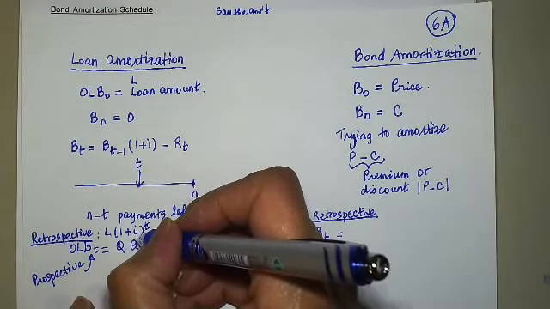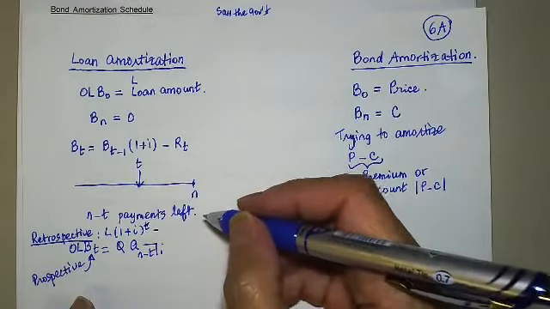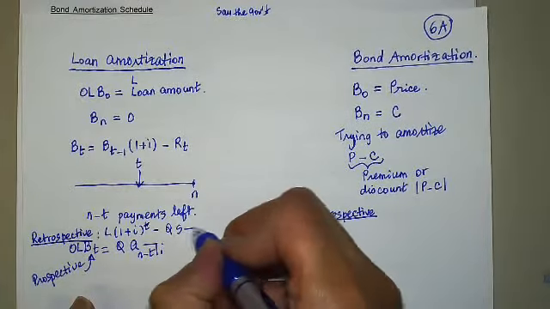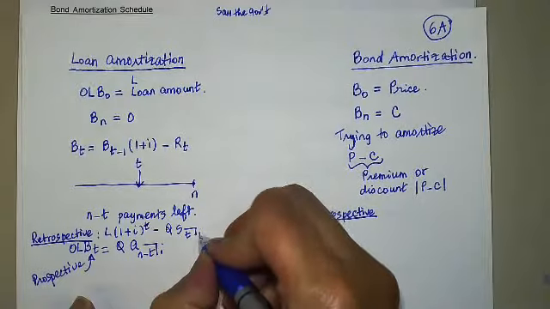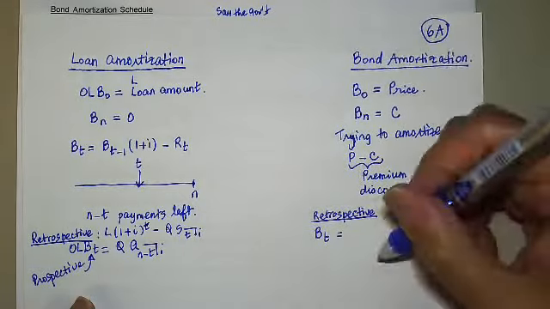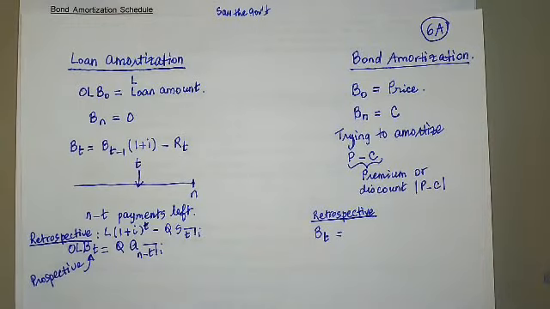The loan amount, accumulated value of payments. 1 plus I to the t. I better accumulate the loan first, right? Right. L times 1 plus I to the t minus what? Accumulated value of payments already made. So Q s angle t at some interest rate I. Agree? Now do the same thing on the other side for me.